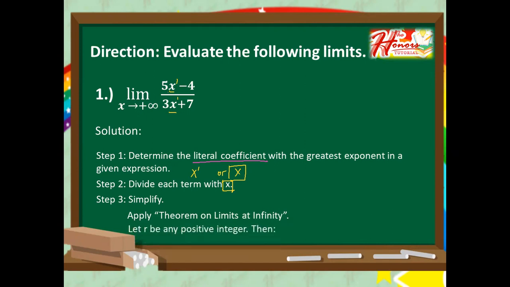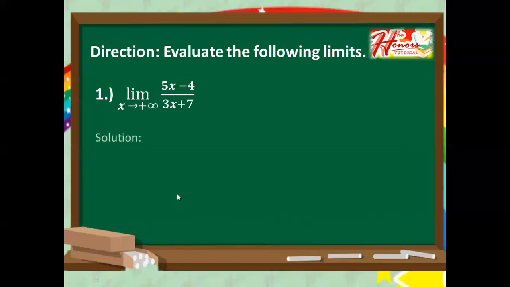It states that let r be any positive integer, then the limit of 1 over x raised to r is equal to 0 as x approaches positive infinity. Later, I will show you how we are going to use these steps to solve number 1. Let's solve it together.